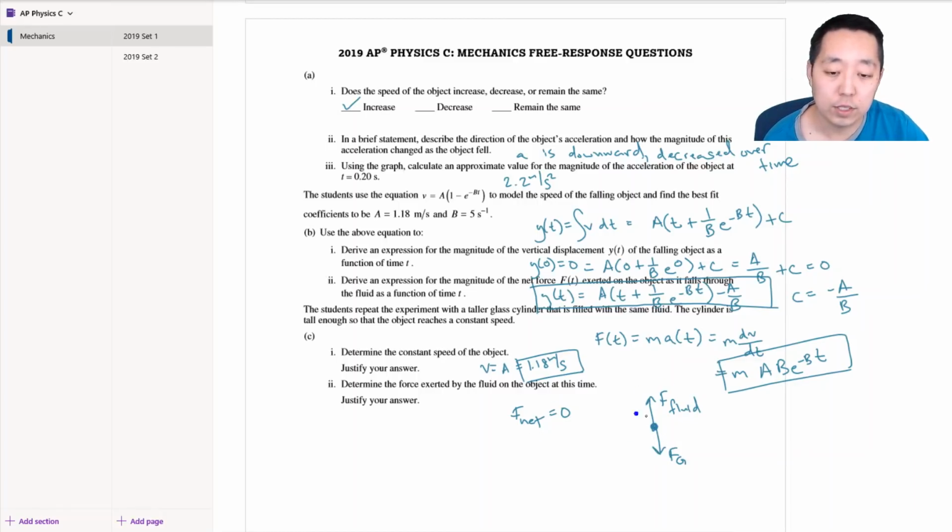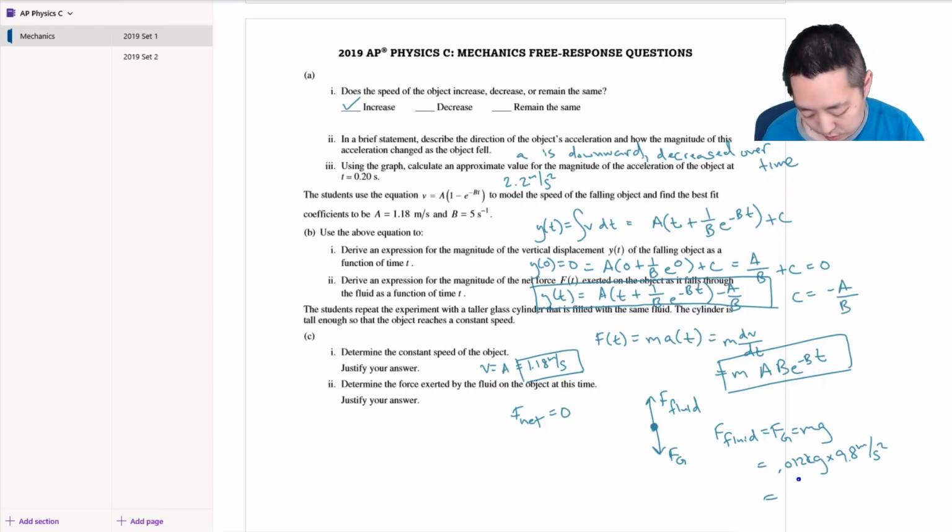If the net force is 0 because the acceleration is 0, these forces have to be equal. So the force from the fluid would equal Fg, which would equal mg. And m was 0.012 kilograms because it was 12 grams, times 9.8 meters per second squared. I get 0.012 times 9.8, and I get 0.1176 newtons.